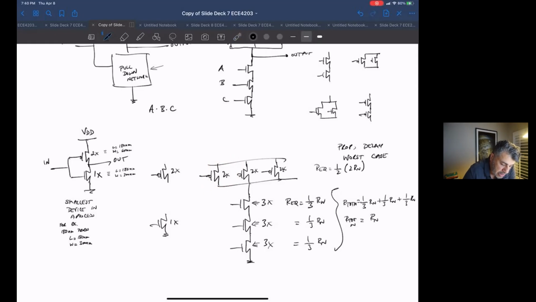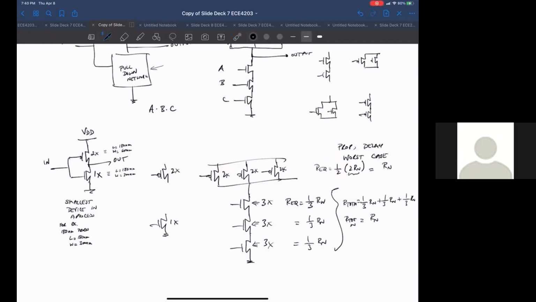The resistance of a PMOS that's 1x size is 2R sub n, because it has twice the resistance of an equivalent NMOS. But because we're having a 2x size, it ends up having the resistance, so in aggregate, it also ends up being R sub n. So pull up and pull down end up being the same. Okay, guys, does that make sense?